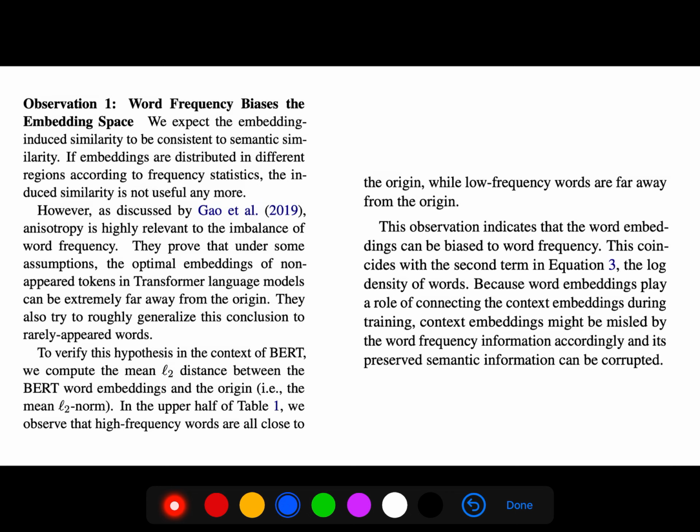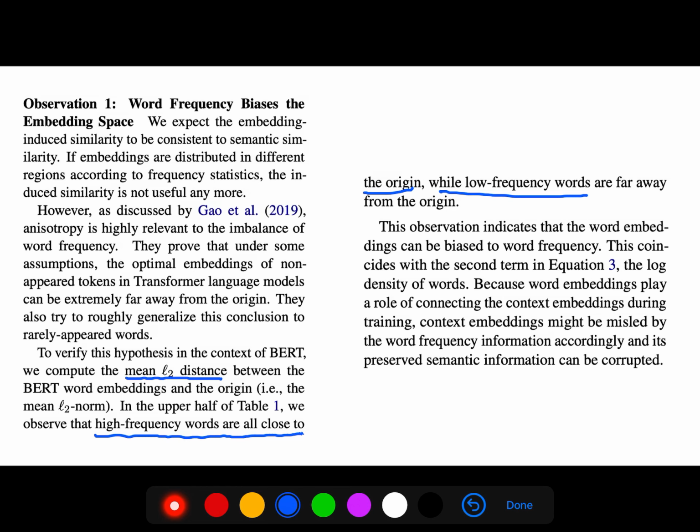To verify this hypothesis, we compute the mean L2 distance between the BERT embeddings and the origin. We observe that high-frequency words are close to the origin, while low-frequency words are far away from the origin.